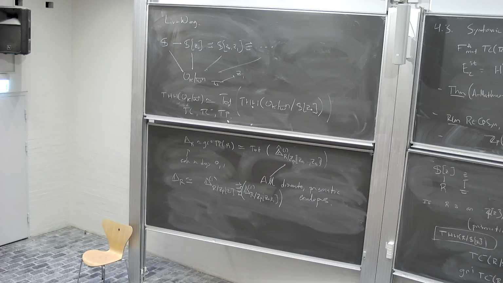One can prove the following basically, that Z^P_i R for i positive is just equivalent to the filtration part 1 to i n minus 1 of Z^P_i R. Everything higher is just 0, it turns out. And we'll see why tomorrow.